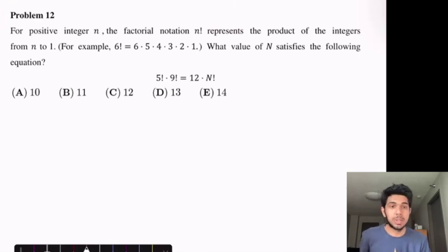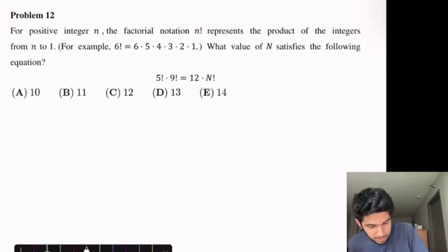So there's a couple of ways of approaching this. Maybe you're tempted to compute the left-hand side, multiply that out, and then divide by 12, so that way we isolate n factorial, and then find n that way. Totally fine. The only issue is that some of these numbers are going to be annoying to work with because factorials grow really, really quickly.